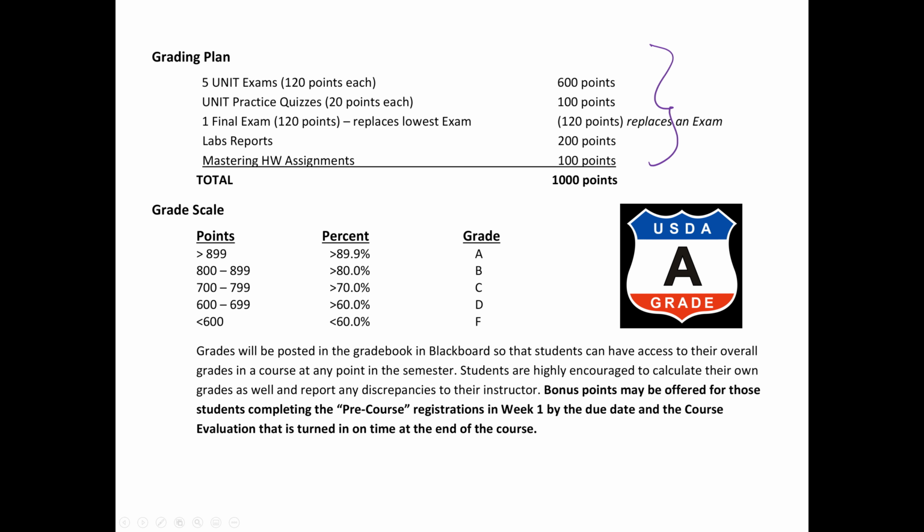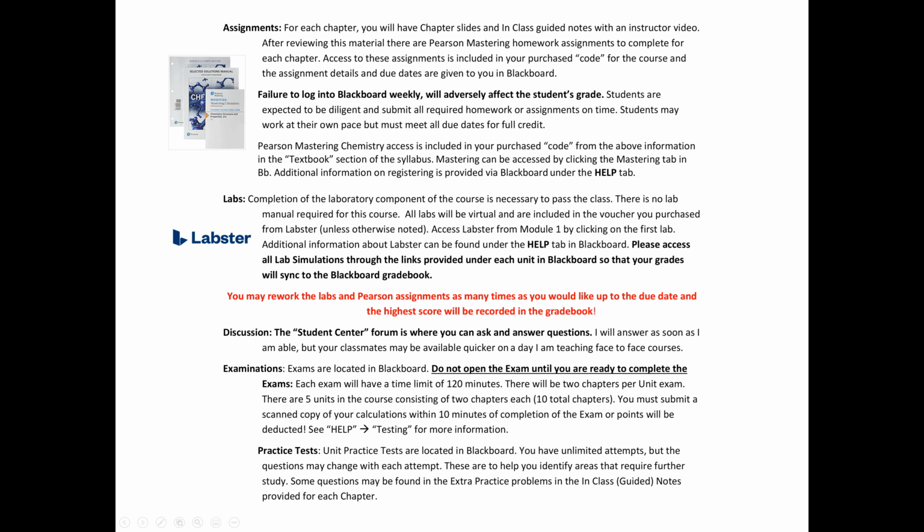And then the regular grade parameters. For assignments, you're using Mastering Chemistry. And again, if you come to a Collaborate session, we can go through how to sign up for all that. If you're ever wondering how to do something and you can't figure it out, go to the Help tab. I have all your instructions in the Help tab. Your labs are through Labster.